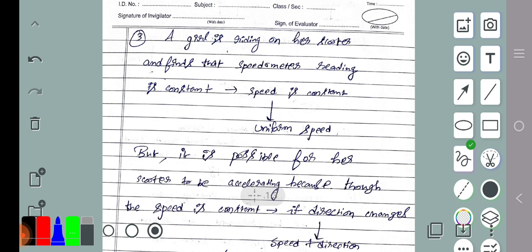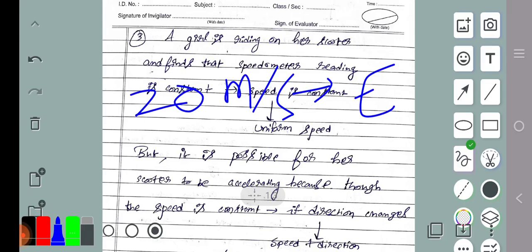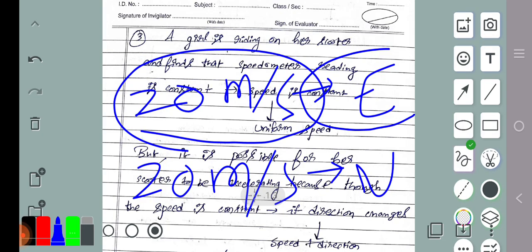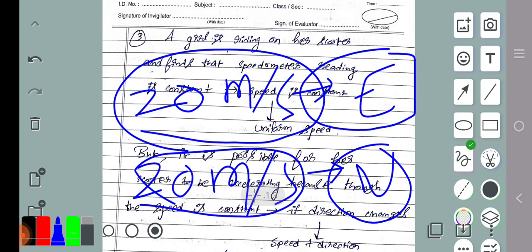But if I tell you the girl first went at 20 meters per second along east, then the girl went at 20 meters per second along north, see, the speed is constant, but the direction might be changing.